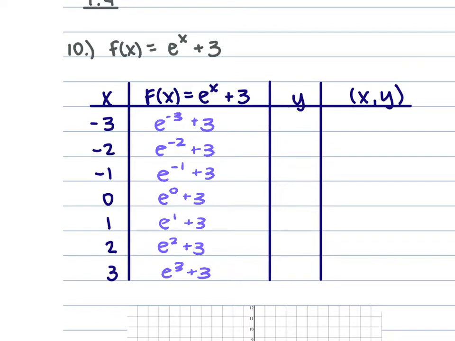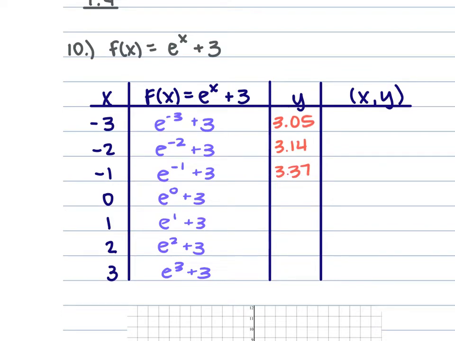So e to the negative 3 plus 3 is going to give me 3.05. e to the negative second plus 3 gives me 3.14. e to the negative 1 plus 3 is 3.37.